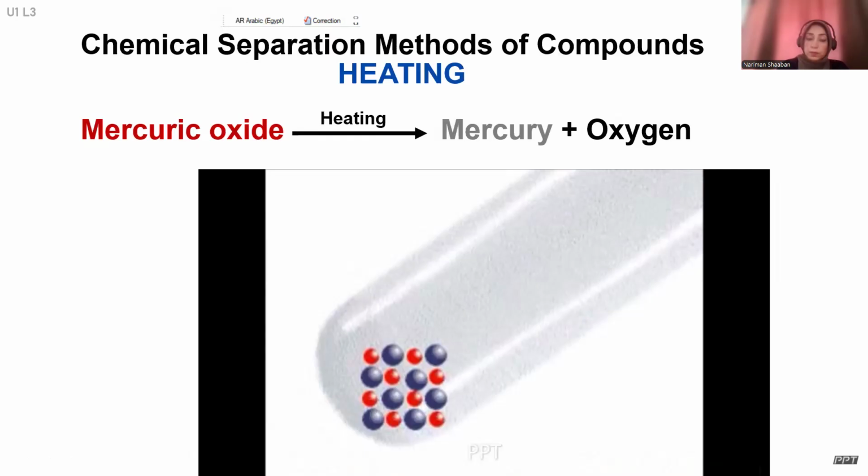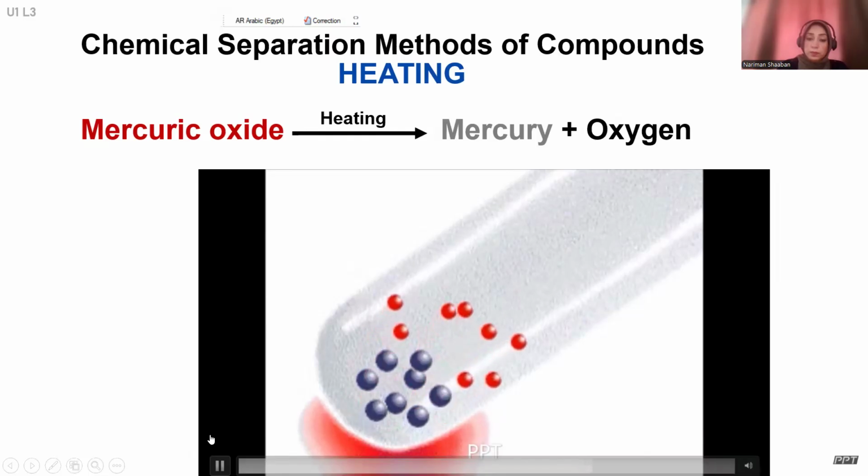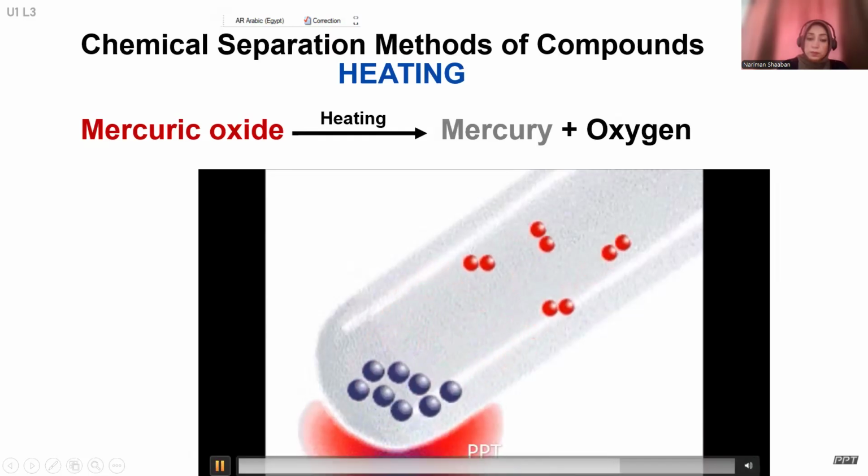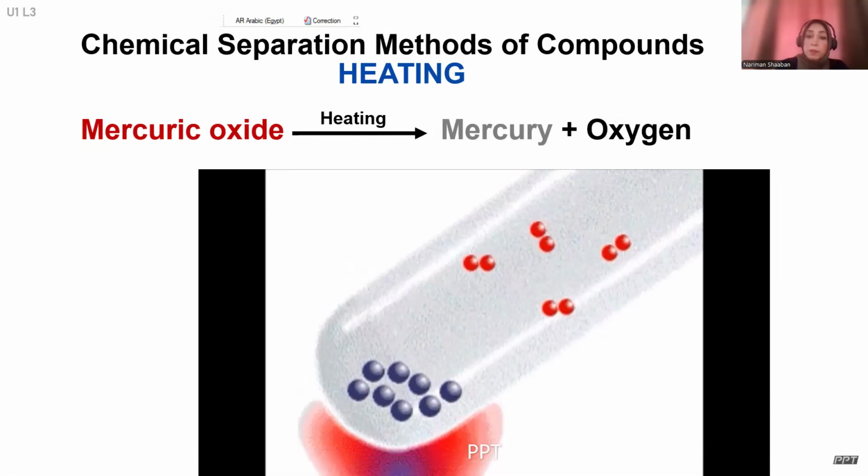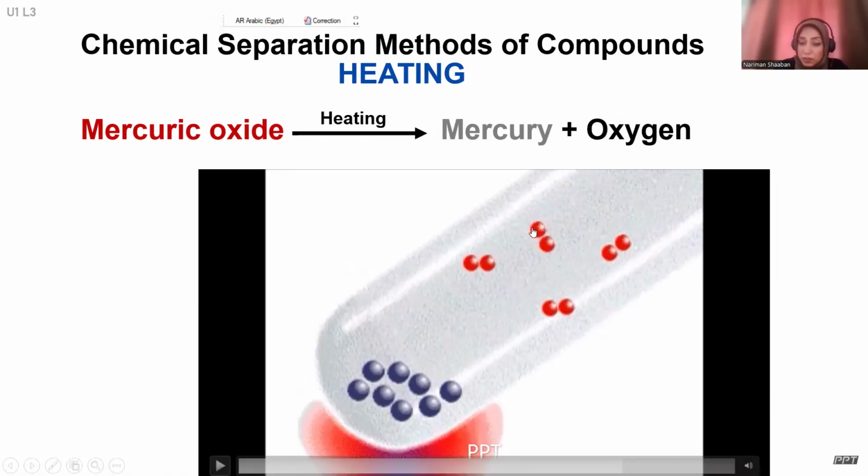In reality, the decomposition liberates the reactant's oxygen atoms as gaseous dioxygen, O2.